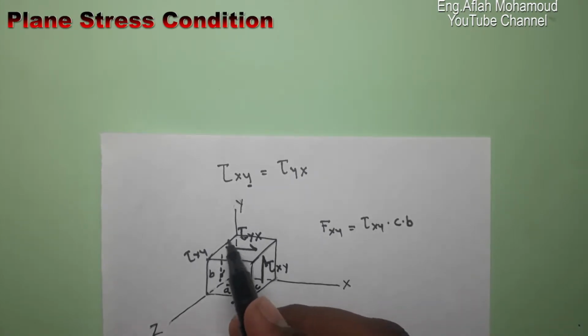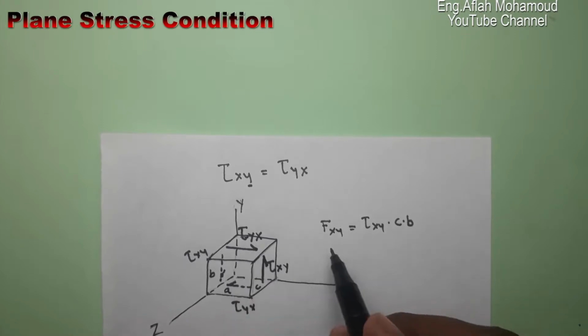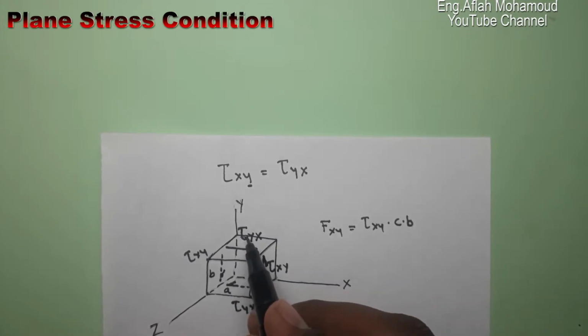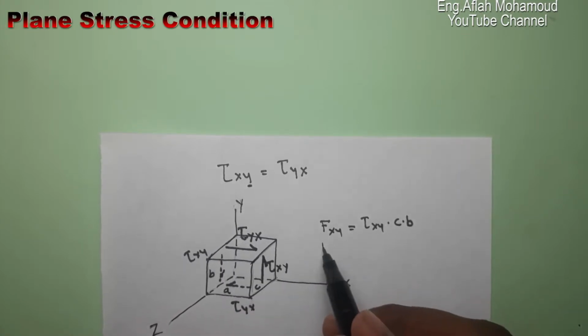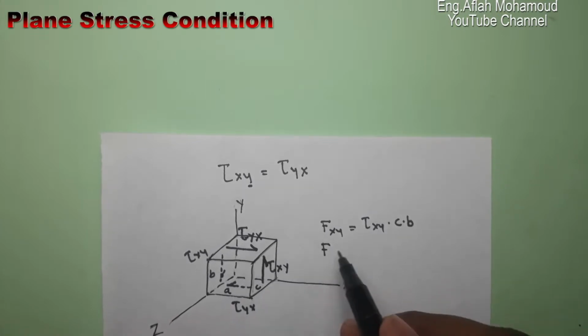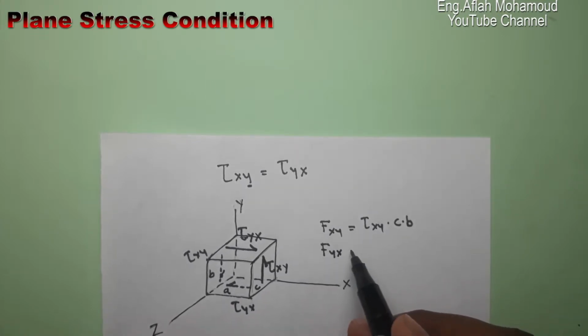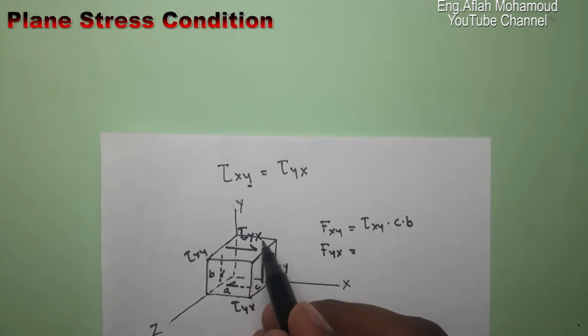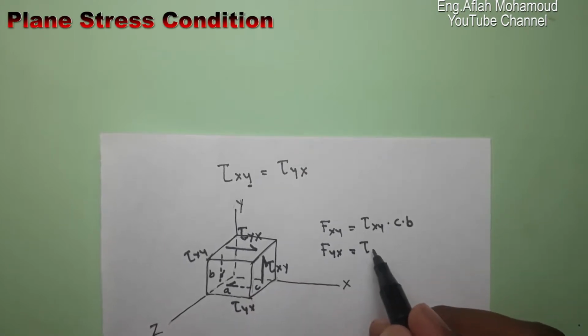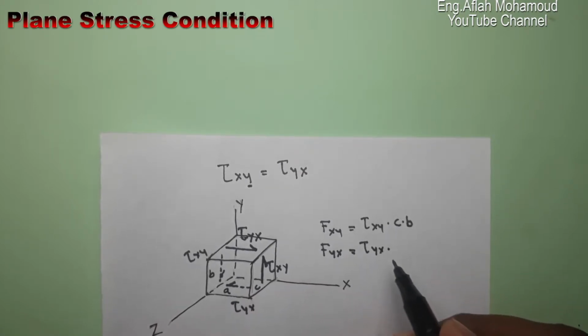Let's consider the top surface. Let's call the force on the top surface Fyx. This will be equal to the shear stress tau yx times the area.